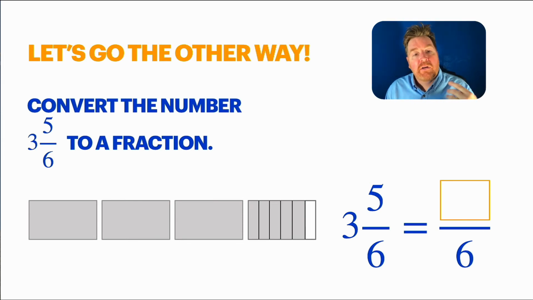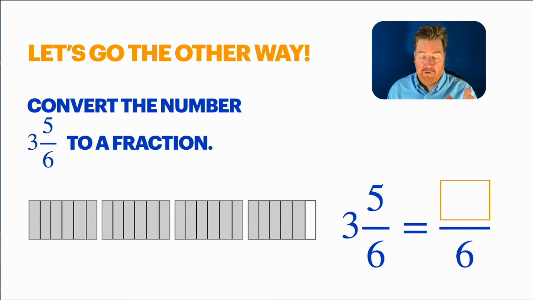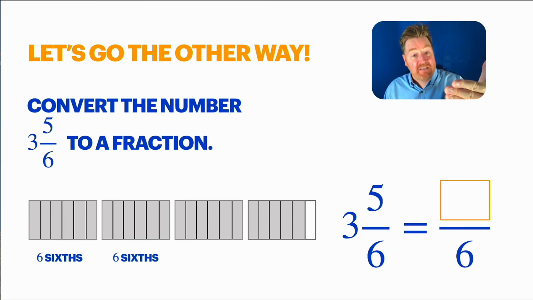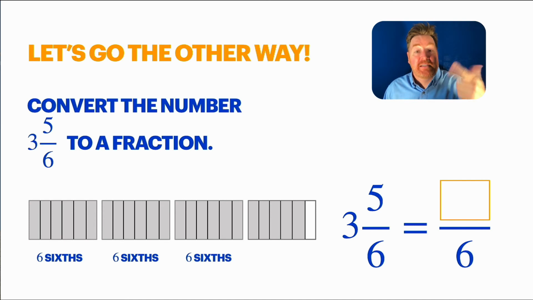If we now divide everything up into sixths, there we go. Take a look now. Look at how many sixths we have. In that first full bar, we have 6 sixths. In the second full bar, we also have 6 sixths more. And then 6 sixths there. And then lastly, 5 sixths.